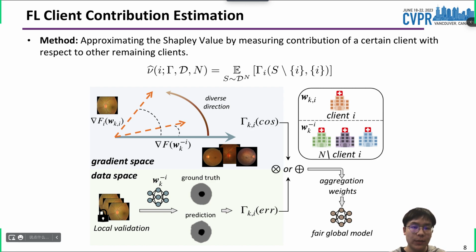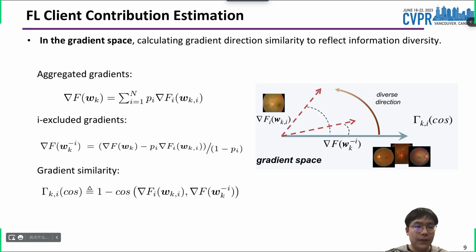Our estimation is performed in two spaces, the gradient and the data space. After the measurement, we can use the final estimation results as the aggregation weight to promote the overall federated training and have a fair global model. So first, in the gradient space, we propose to calculate the gradient direction to reflect the information diversity.